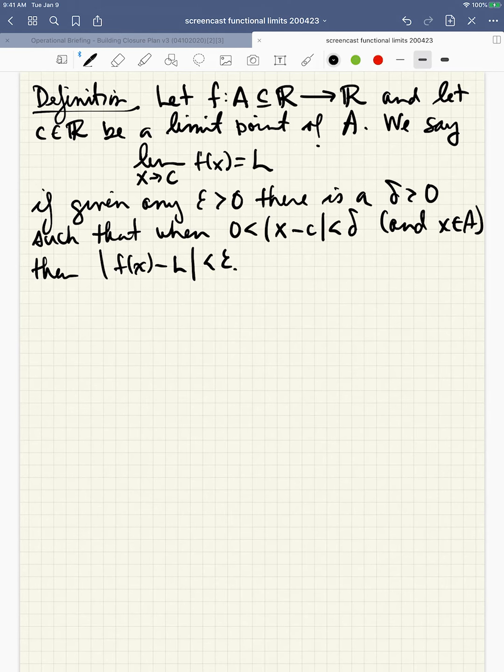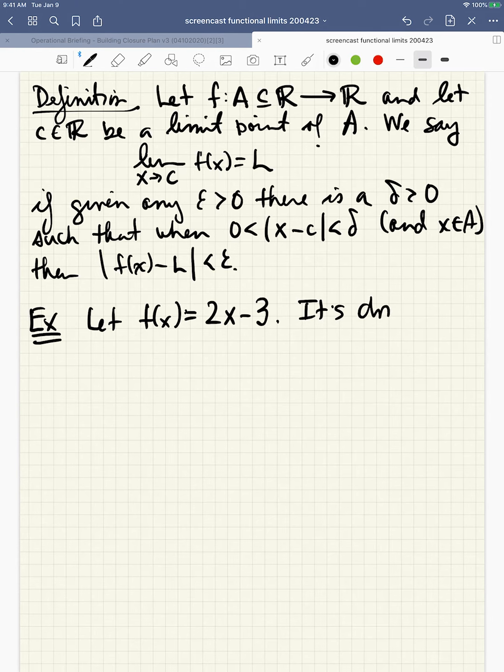This is the original definition, the one that we're going to work with primarily. And let's do an example. Let f of x be 2x minus 3, and say its domain is the whole real line.